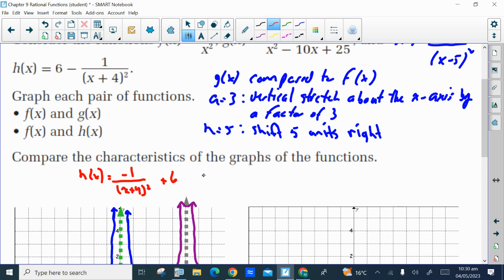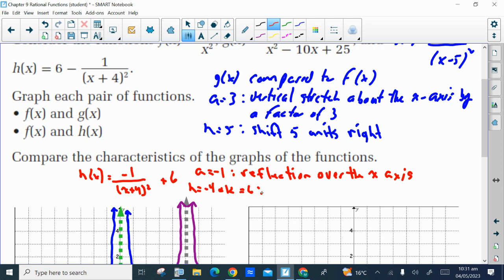So that's going to cause a reflection over the x-axis. Then you're going to have an h value of -4 and a k value of +6.